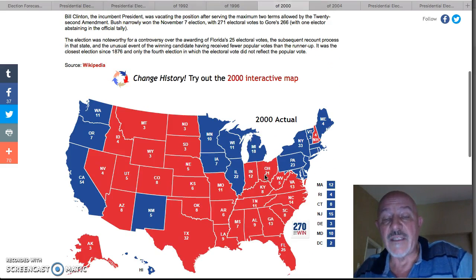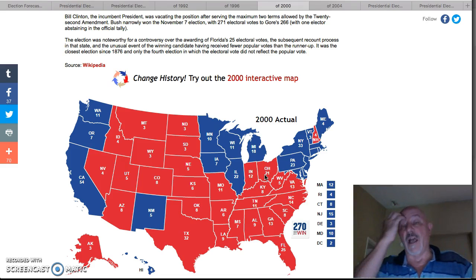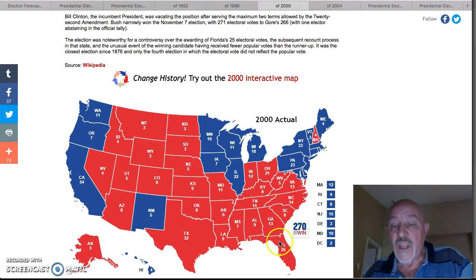Okay, but this is what the map looked like. So, as it turned out, there were no Democratic states in the South. Ohio went to the Republicans. Virginia, North Carolina, all of the South, and Florida, the deciding state, went to the Republicans.